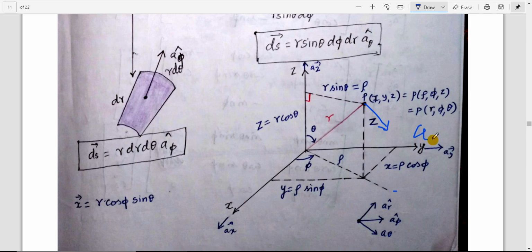So the A theta vector we can draw like this. If you are going to make the projections on the xy plane, it will be coming like this, the same projections. Okay, now you just listen.